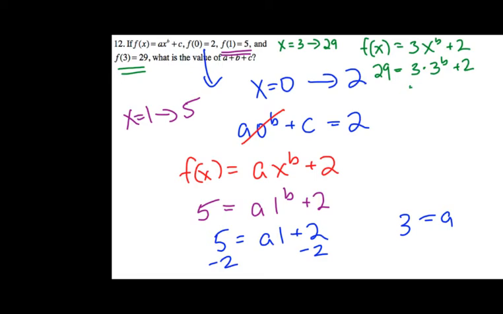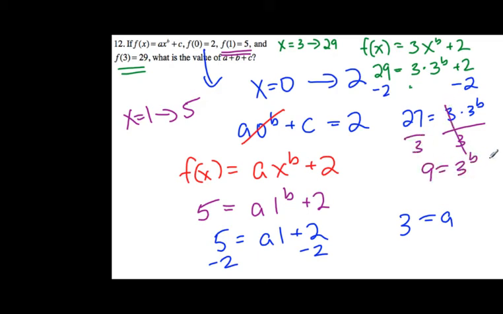Okay, so let's solve this out now. Minus 2, minus 2. 27 equals 3 times 3 to the b. We can't multiply these together here for reasons that we explained in the exponent chapter. What you need to do is divide this first by 3, and then you get 9 equals 3 to the b. So then we know that 3 to the 2 equals 9, so b equals 2.